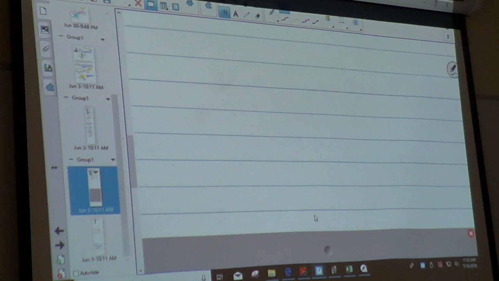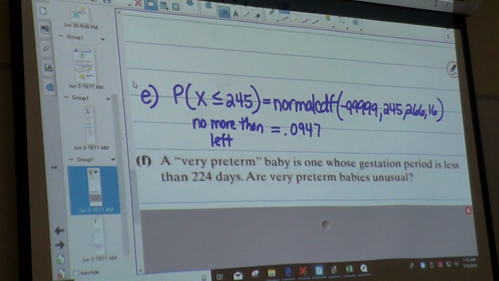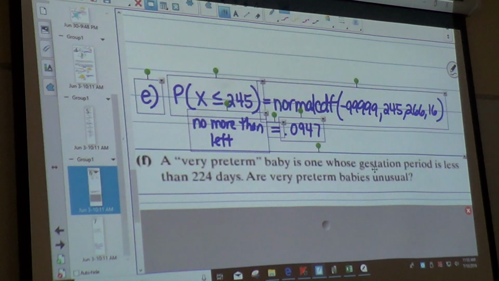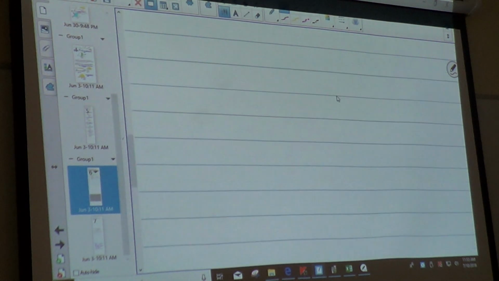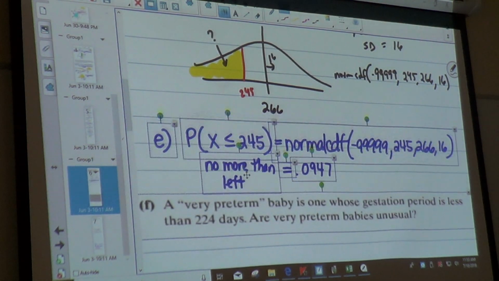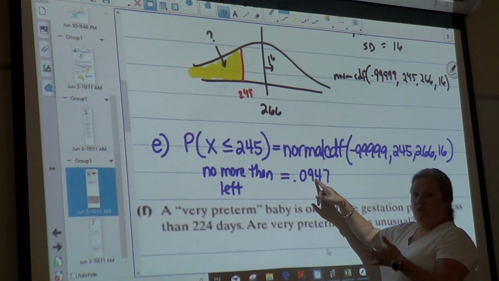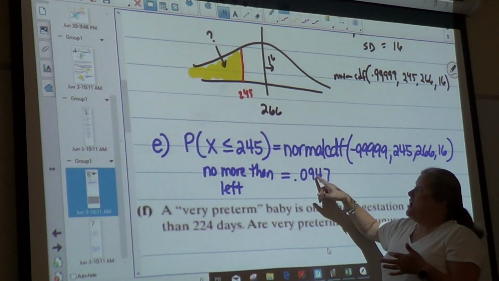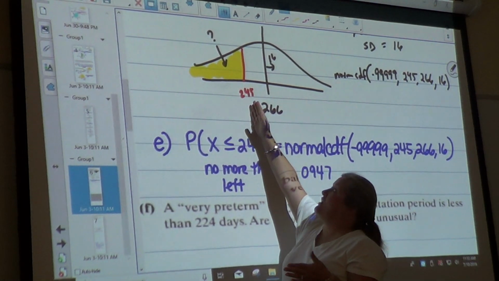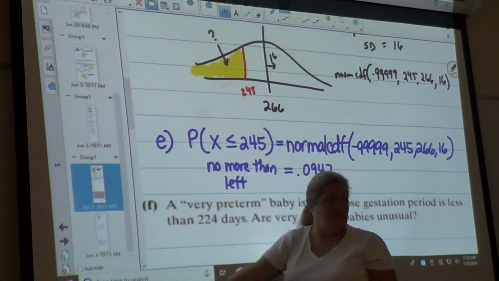Now we're doing the people who were way under term. So that means 0.0947, so 9.47% of people who are pregnant are going to deliver 245 days or less.